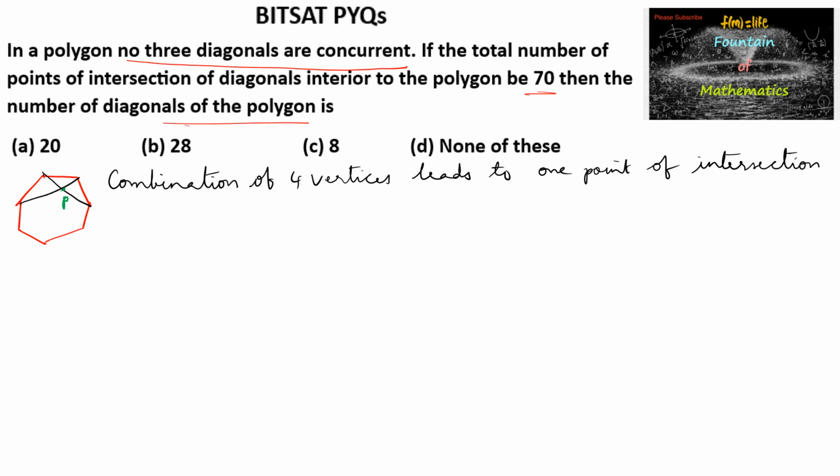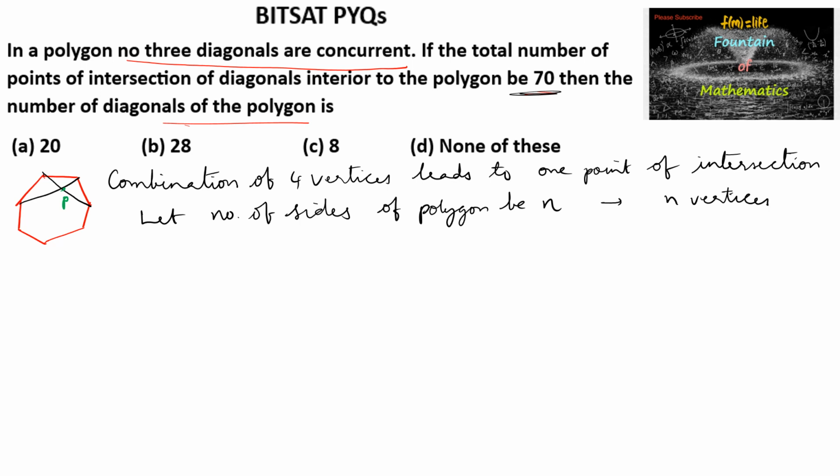And since it is given that the total number of points is 70, let the number of sides of the polygon be n. Therefore n vertices are there. Among the n vertices we need to select 4.